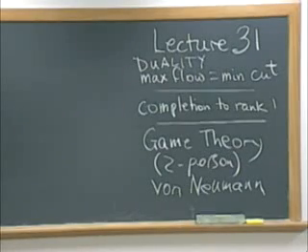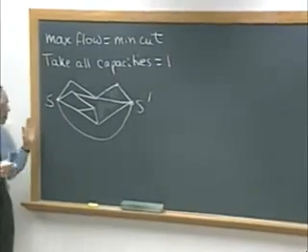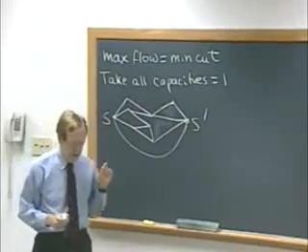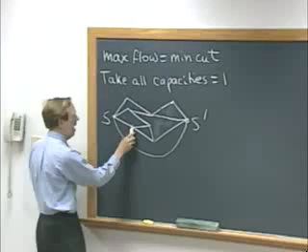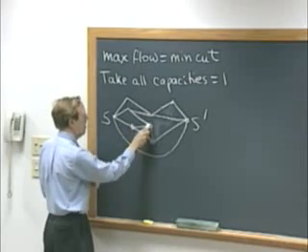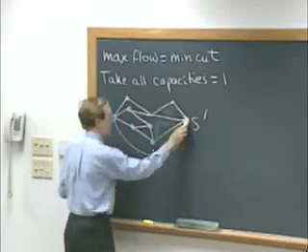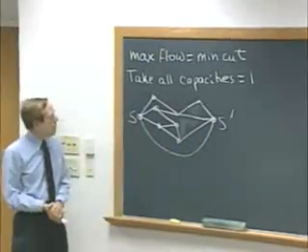Okay, with max flow min cut, I just have this example to mention. Suppose all the capacities are 1 on the edges. So on every edge we can send 1 unit. Well, in this example, let's say, how much could I get from the source to the sink? Along those edges.